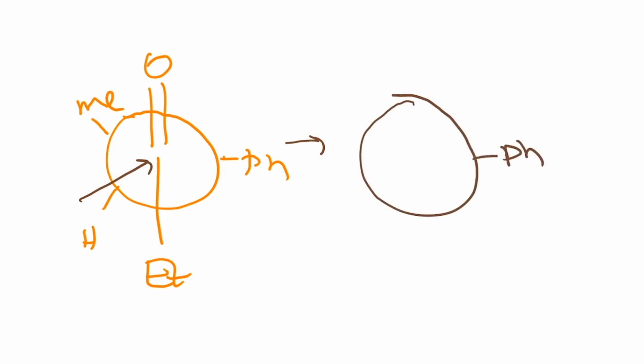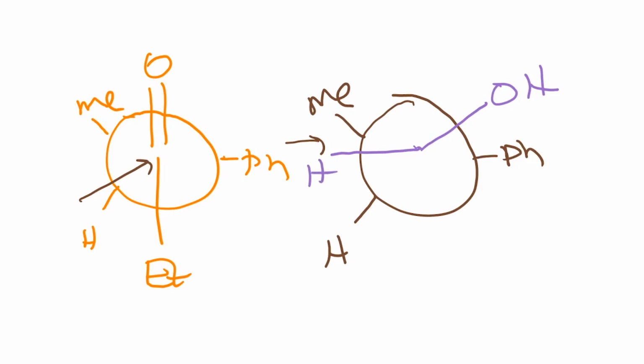Keep the back carbon the same. And now we need to correctly write out the front carbon. So this is OH, H, and Et. Okay, this kind of a conformation has to be drawn in the correct sort of projection.